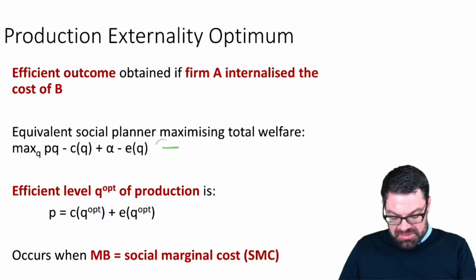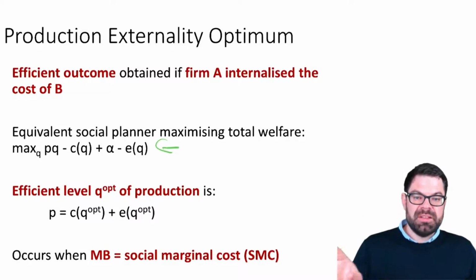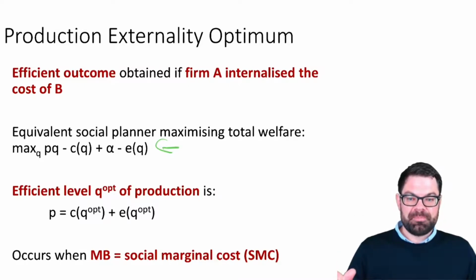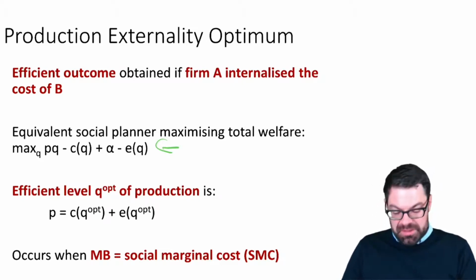We again play social planner and simply maximize the joint profit of both firms. And so here, taking the first derivative of that equation with respect to Q results in the following.